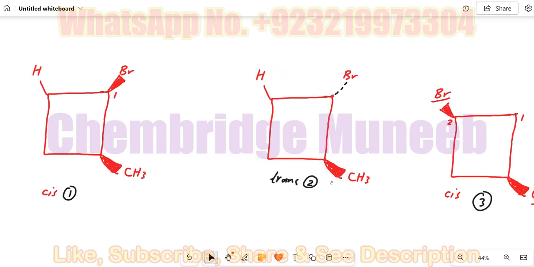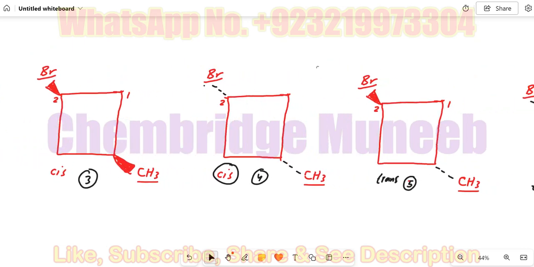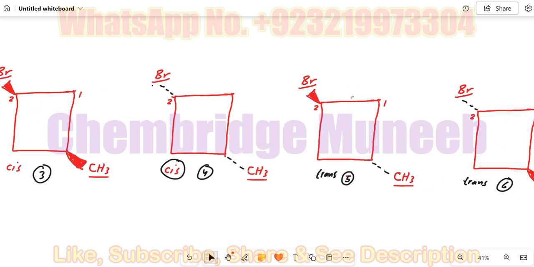This is the cis when it was bonded on position number 1. This is the trans when bromine is positioned on carbon number 1. And these four are the isomers when the bromine is positioned at carbon number 2. So that's how we get 6 isomers as a result of this reaction.